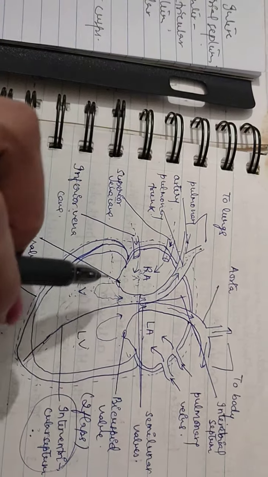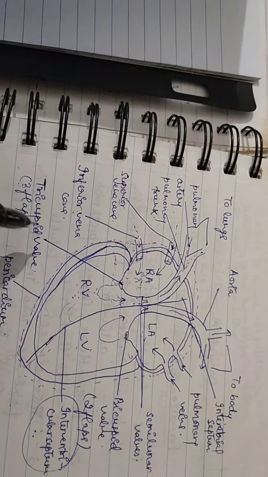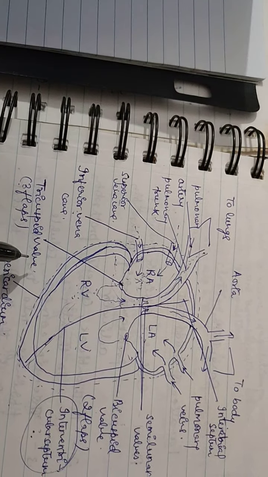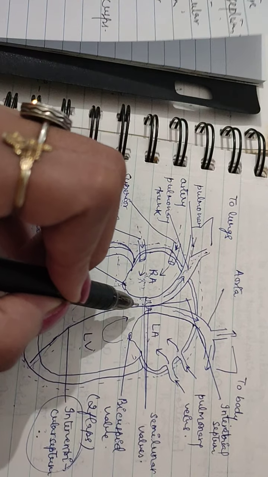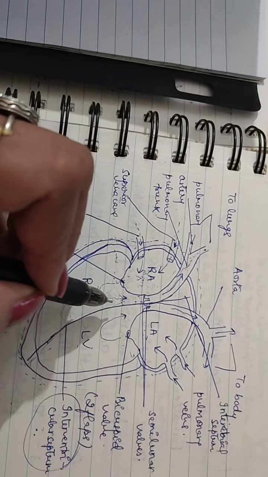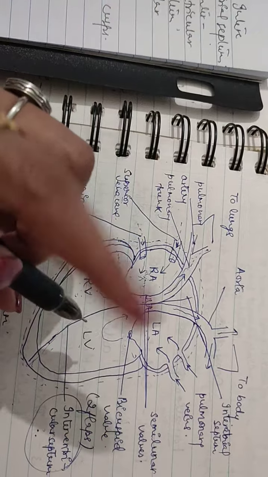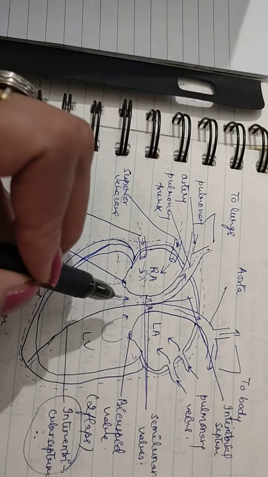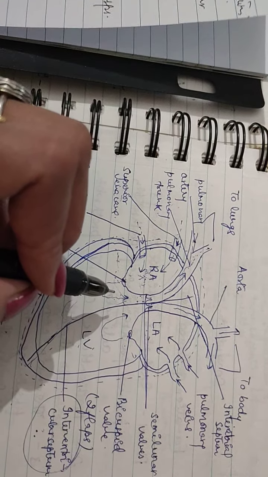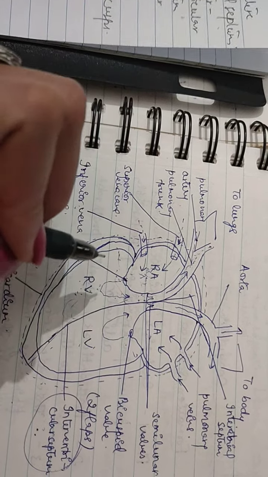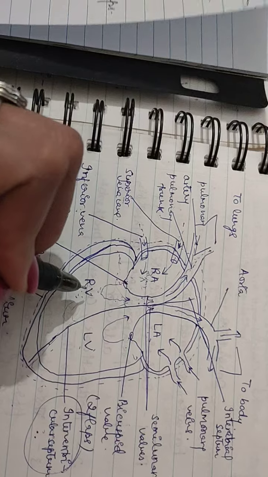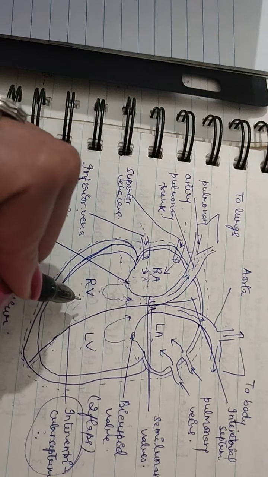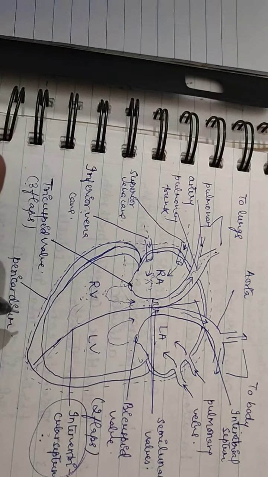So you have seen the tricuspid valve, bicuspid valve and semilunar valve. A valve allows the flow of blood only in one direction, from atria to the ventricle, and it also prevents the backflow of blood.